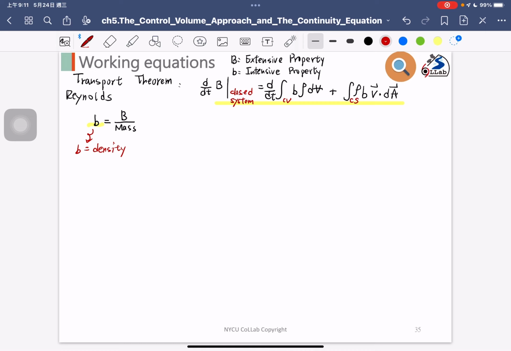Here we assume the capital B, the extensive property, equals the mass. That indicates the small b will equal 1.